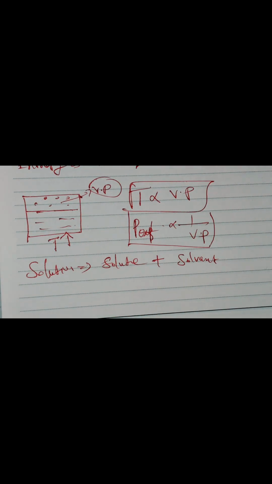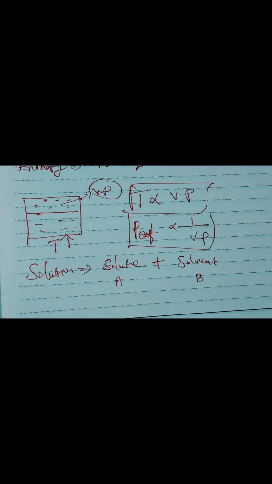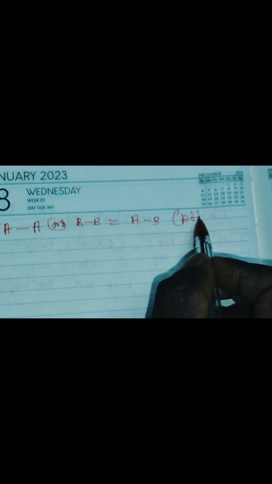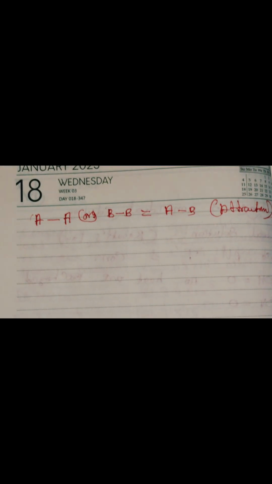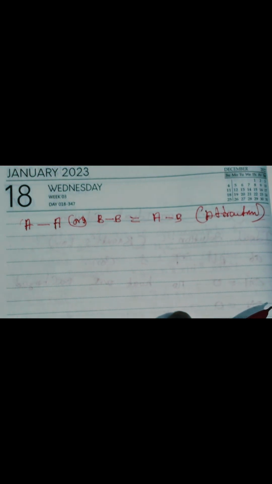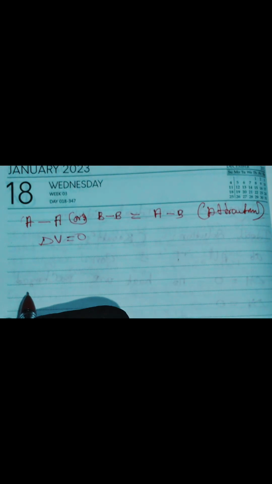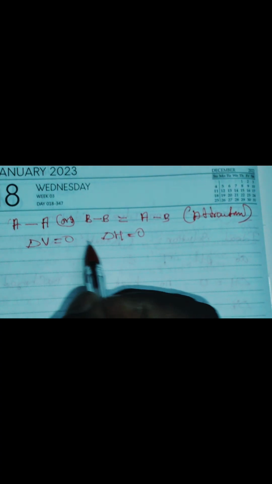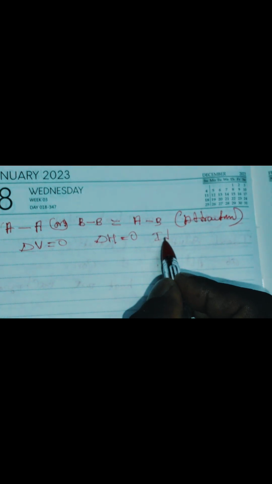If we assume these are A and B, then the A–A attraction, the B–B attraction, and the A–B attraction, meaning the attraction between one molecule and another, are all equal. Because these three attractions are similar, the solution does not expand: delta V is zero, and the change in enthalpy is also zero. A solution with these values of delta V and delta H is called an ideal solution.